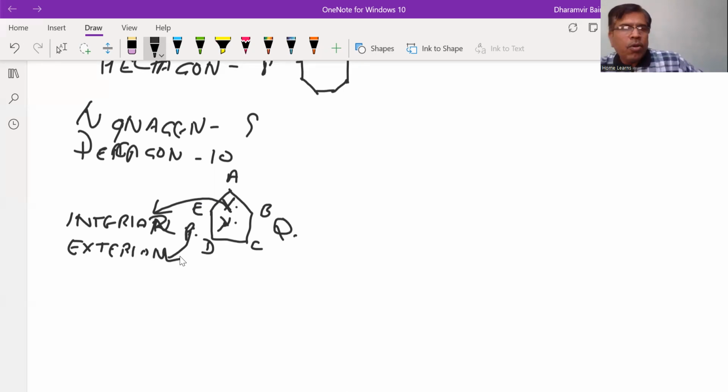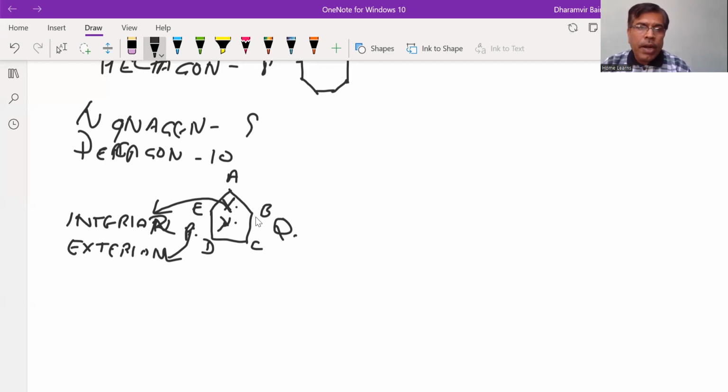It means outside of the closed polygon are the exterior points, and inside of the closed polygon are the interior points.